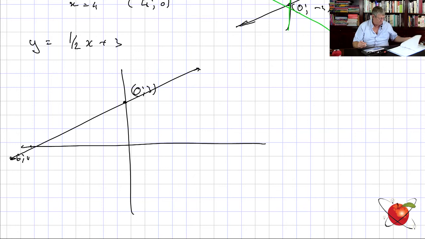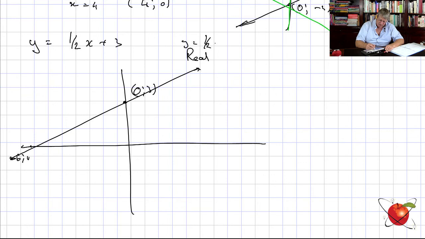Now we plot the points, okay, and we've got the graph. This is our real image. This is the real one, right? This is y is equal to a half x plus 3.